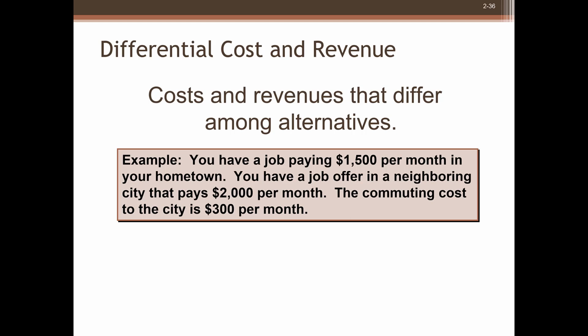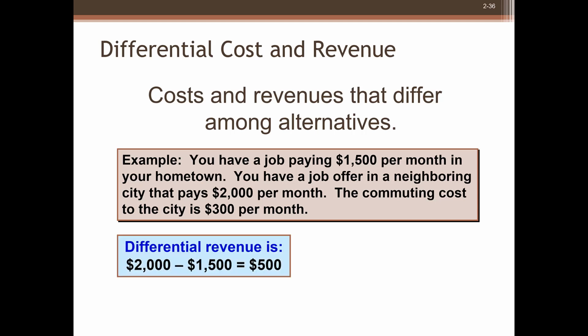For example, if you have a job paying $1,500 per month in your hometown, and you have a job offer in a neighboring city which pays $2,000 per month, but the commuting cost to the city is $300 per month, we can calculate the differential revenue and differential cost.